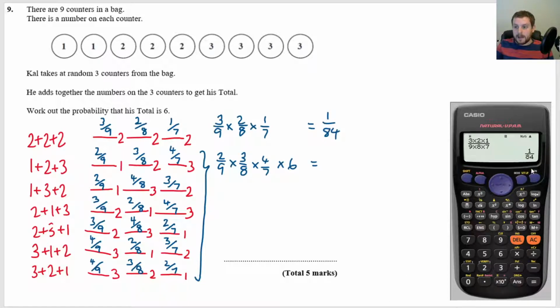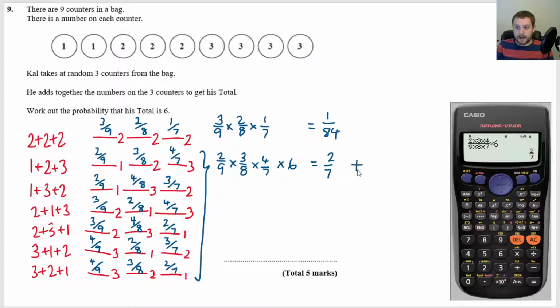And then here I'm going to have 2 times 3 times 4, 9 times 8 times 7. The reason I can now just press times by 6 is because swapping the order around in a multiplication doesn't actually affect the answer. So all 6 of these are actually all going to give me this answer here, 1/21. So I'll have 6 of those, so I'll have 6/21, which is of course just 2/7.